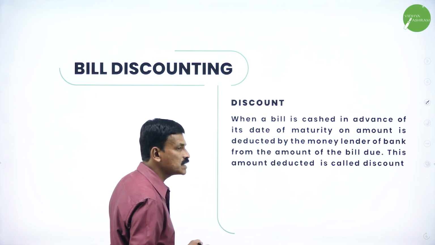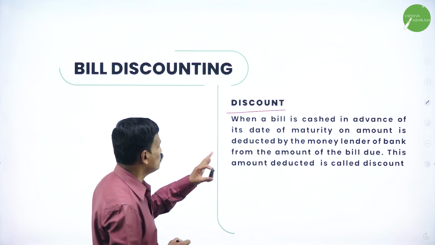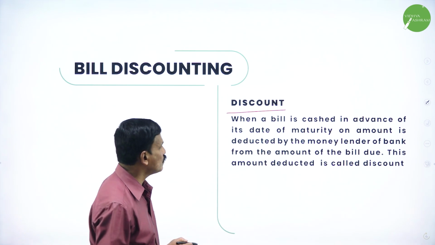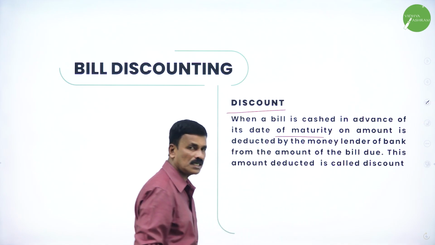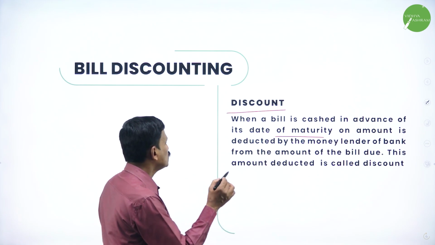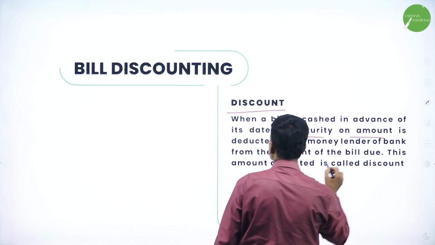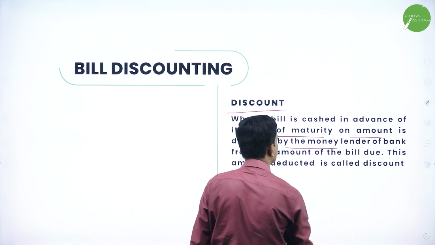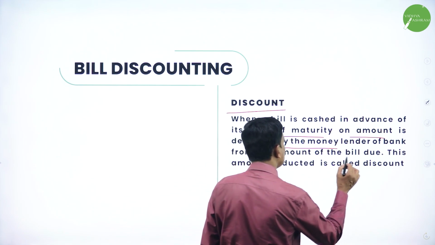Now just discount. What is a discount? Discount is nothing but when a bill is cashed in advance of its date of maturity, that is, whenever a bill is cashed in advance before the maturity, an amount is deducted by the money lender or the bank from the amount of the bill due.